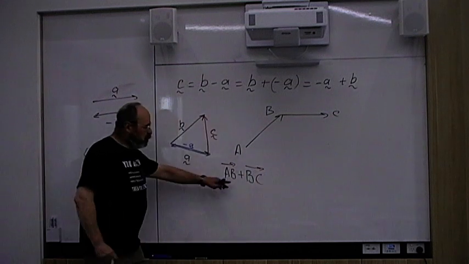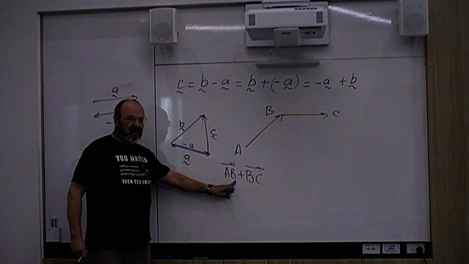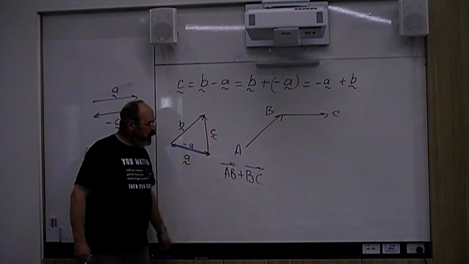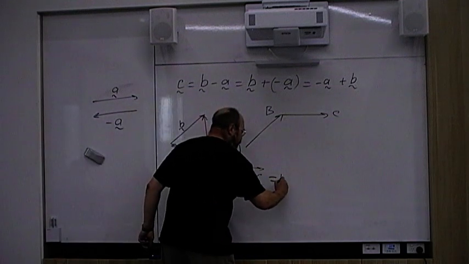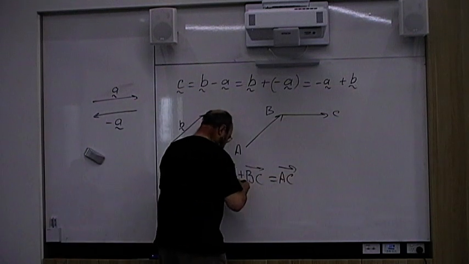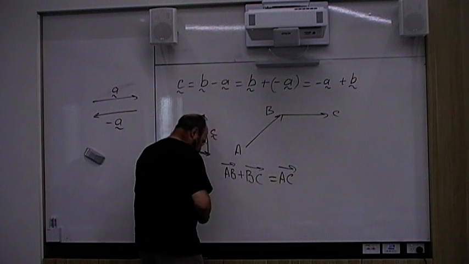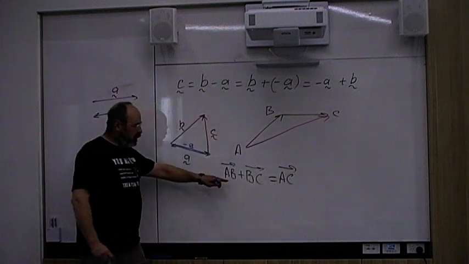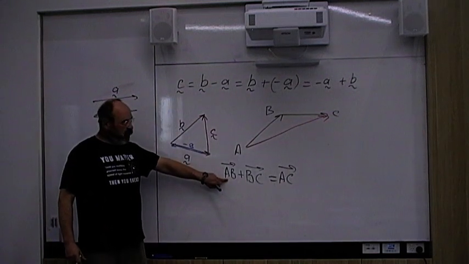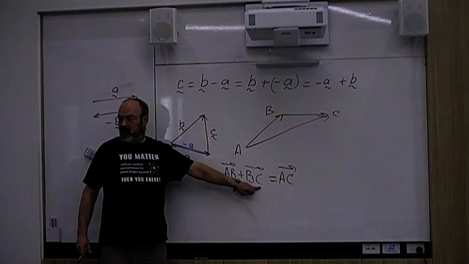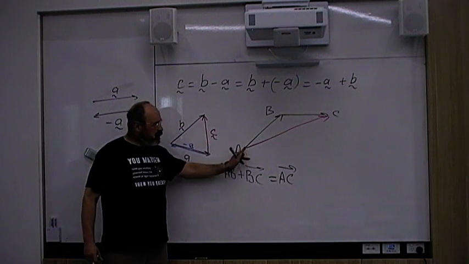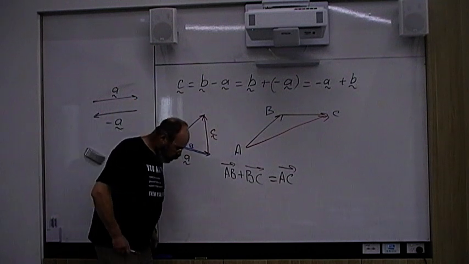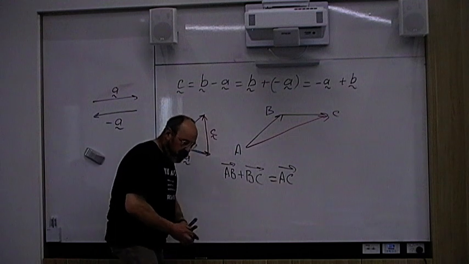As you see, it's very important that the end of the first vector is the beginning of the second vector, and the result will be vector AC. That vector starts at the beginning of the first vector and ends at the end of the second vector. So AB plus BC will be AC. Make sense?